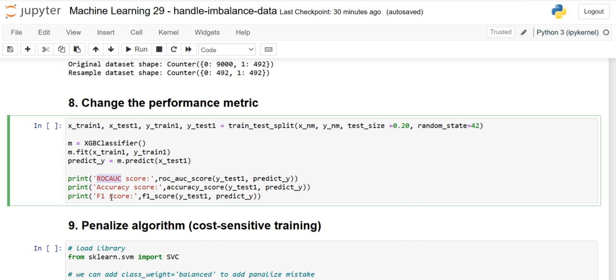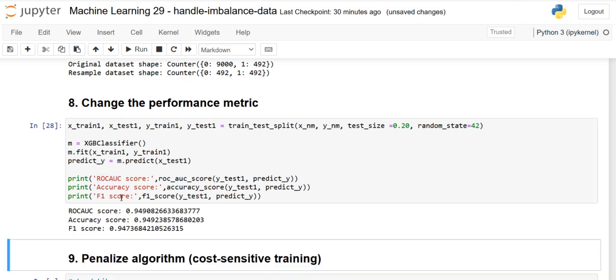We are going to discuss these performance evaluation metrics in the next session, but anyhow, let me make use of the same XGB classifier. Let us apply ROC AUC, accuracy and F1 score here, and kindly observe, dear friends.